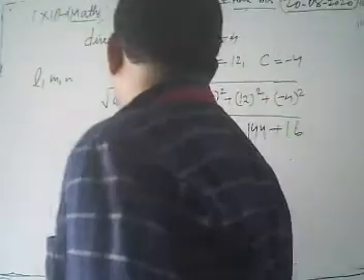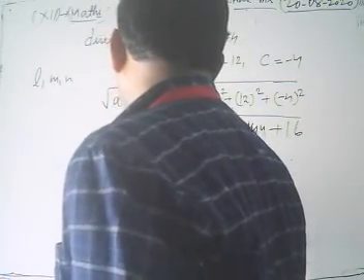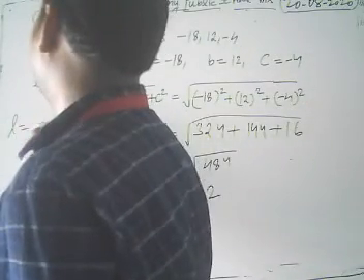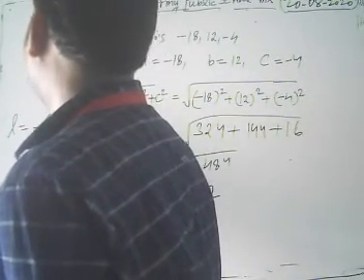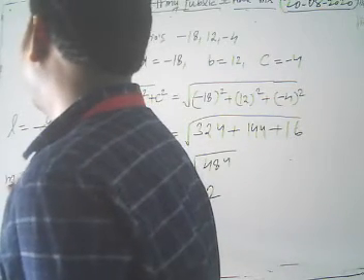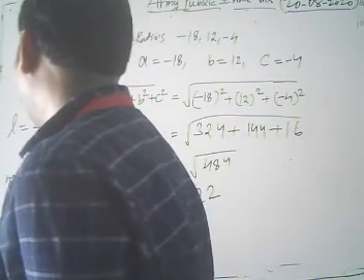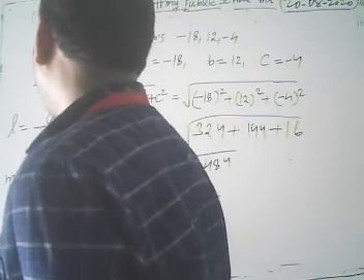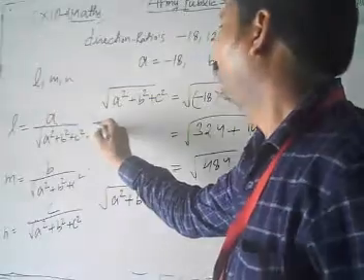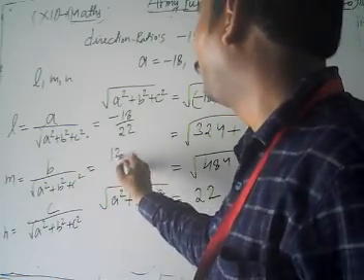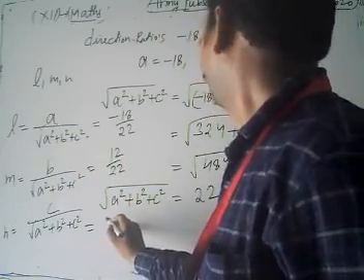So the value of the square root of A square plus B square plus C square is 22. Then what are L, M and N? We just take the positive sign. L is A upon the square root of A square plus B square plus C square, M is B upon the same, and N is C upon the same. So the first direction cosine is minus 18 upon 22, the second is 12 upon 22, and N is minus 4 upon 22.